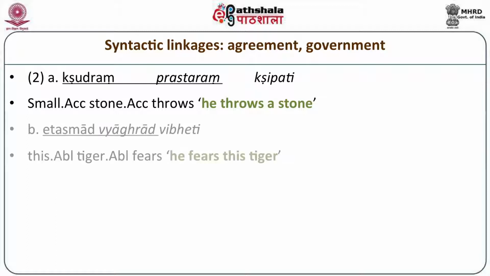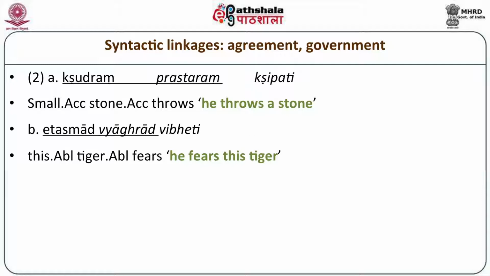My second example is he fears this tiger, which in Sanskrit comes out as etasmad vyagrad vibheti. Vibheti, he fears. Vyagrad, tiger in the ablative case. Etasmad, this in the ablative case.